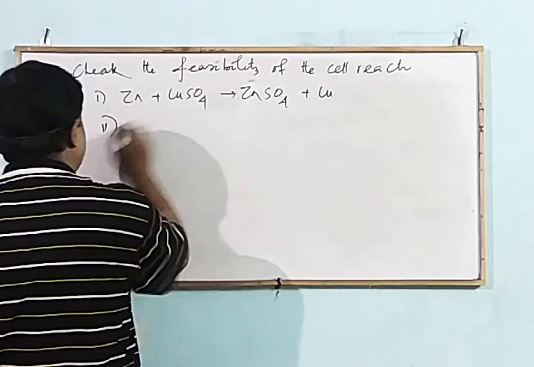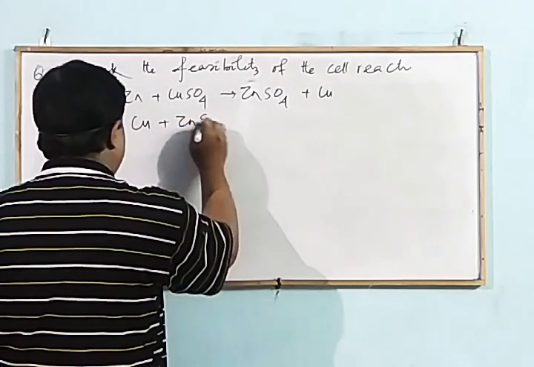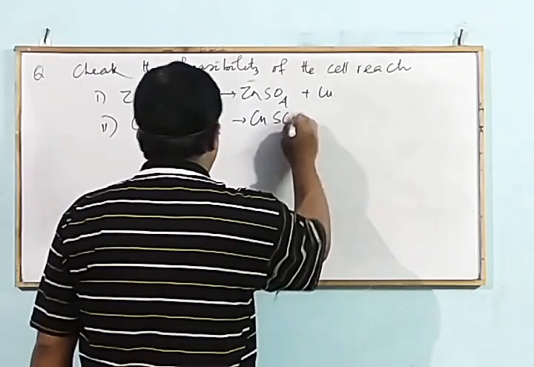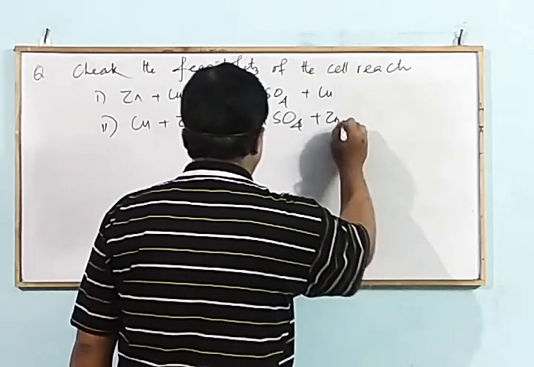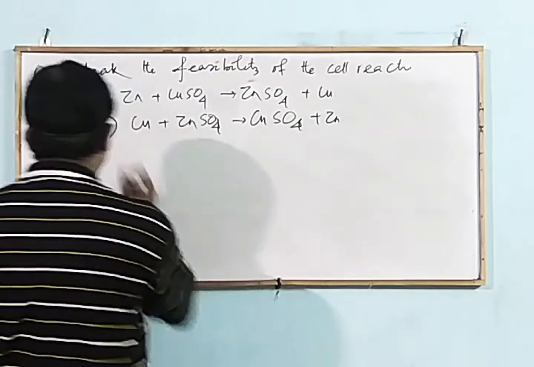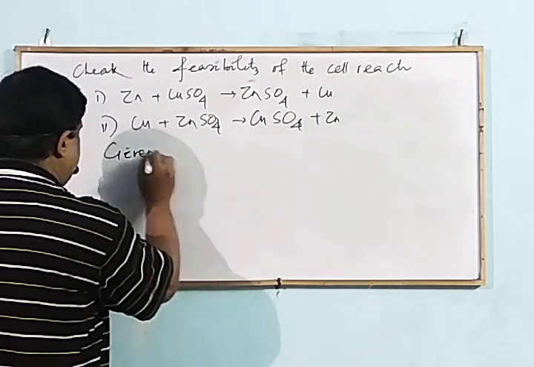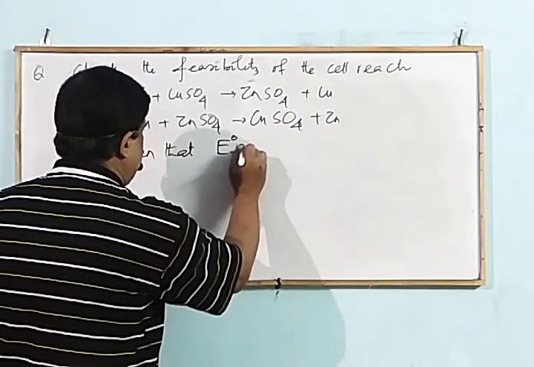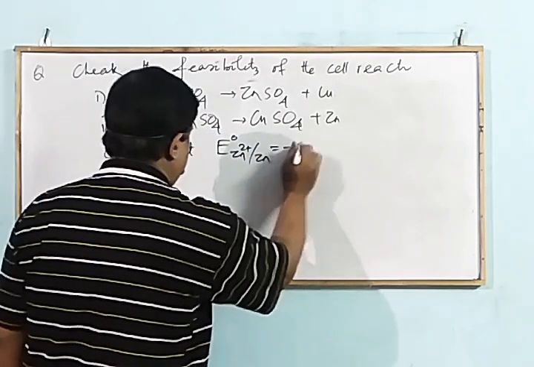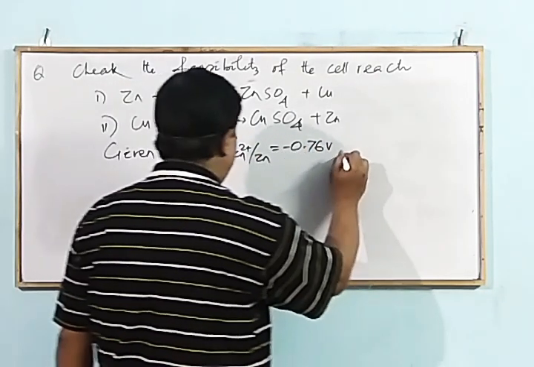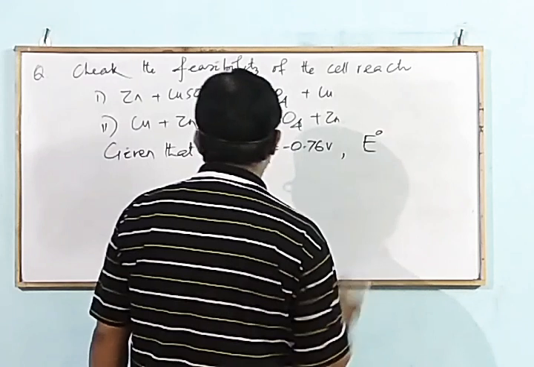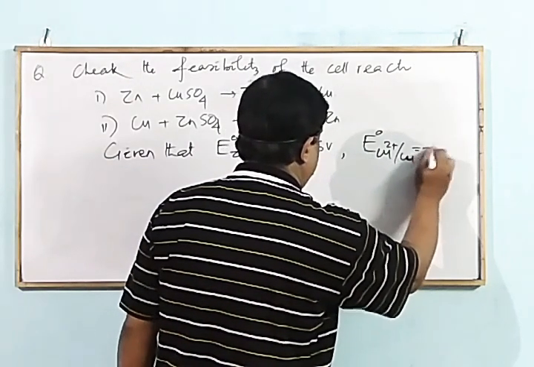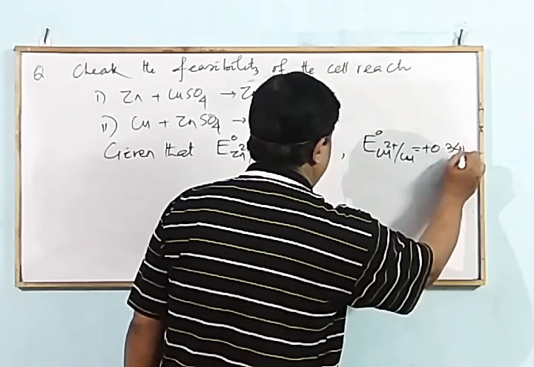Point 2: copper plus zinc sulfate give rise to copper sulfate plus zinc. The data given: E naught Zn2+/Zn is equal to minus 0.76 volt and E naught Cu2+/Cu is equal to plus 0.34 volt.